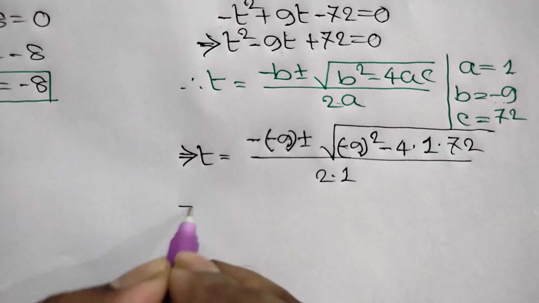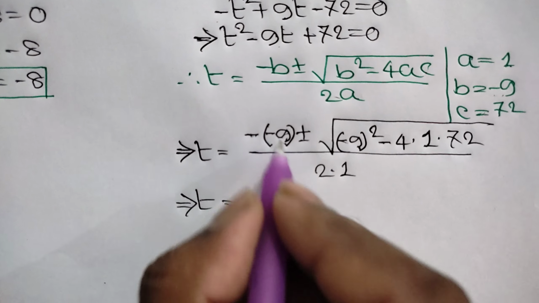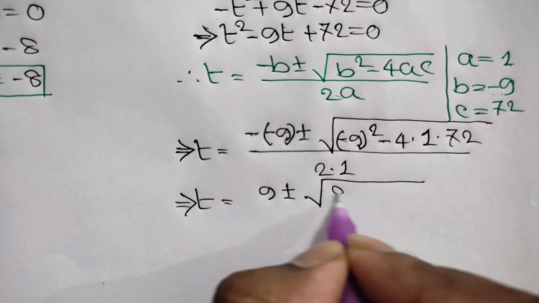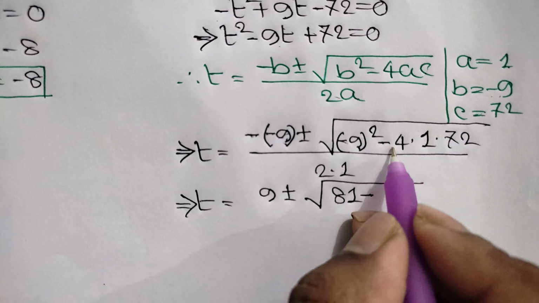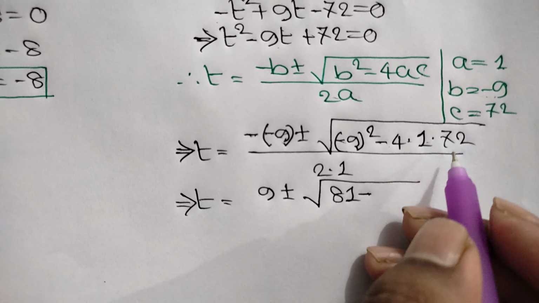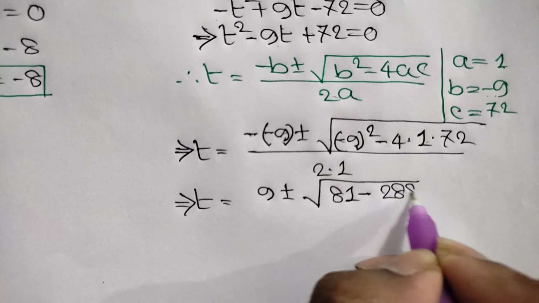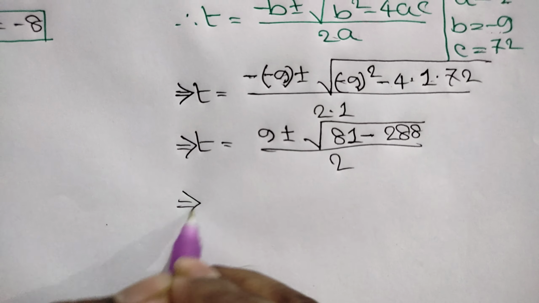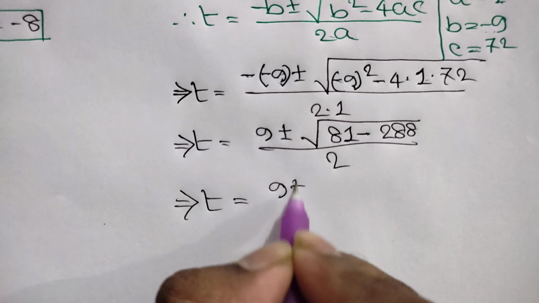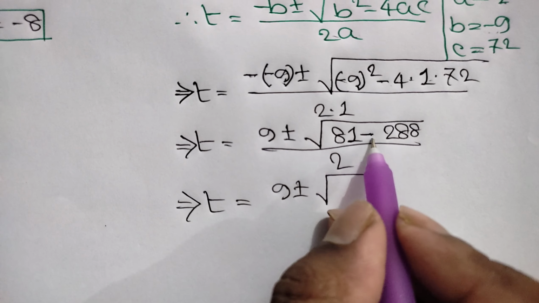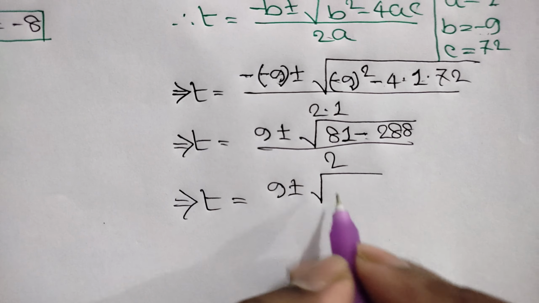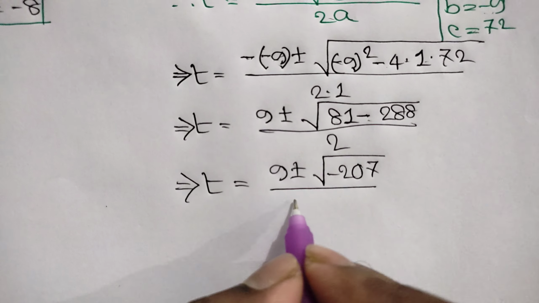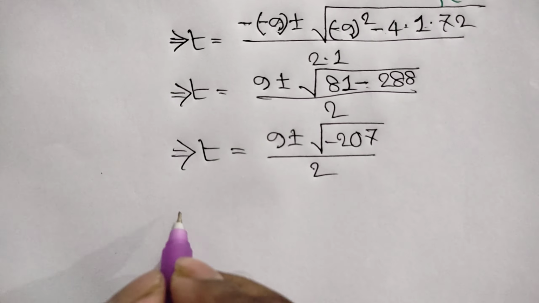Or t is equal to minus times minus is plus, 9 plus or minus square root of minus 9 square is 81 minus 4 times 1 times 72 is 288, over 2 times 1 is 2. Or t is equal to 9 plus or minus square root of 81 minus 288, which is minus 207, over 2.